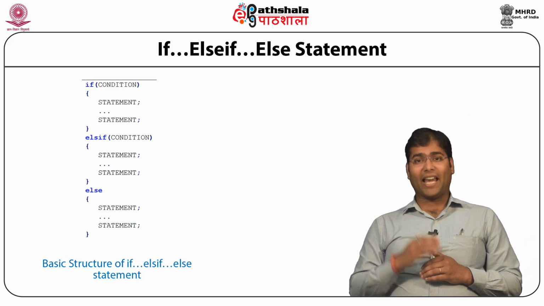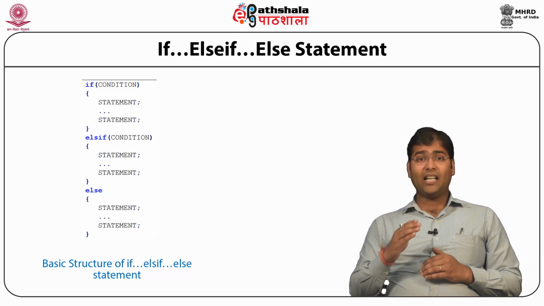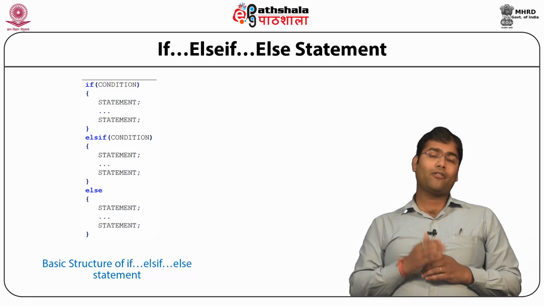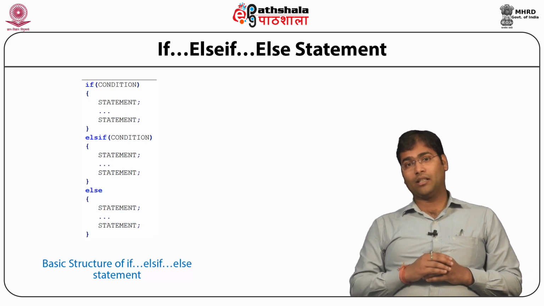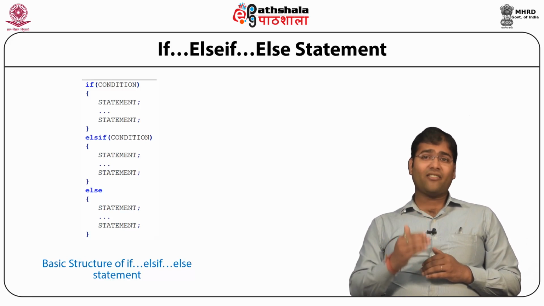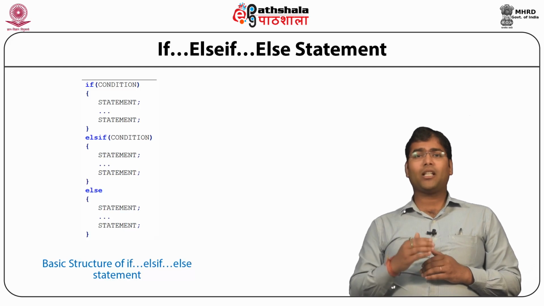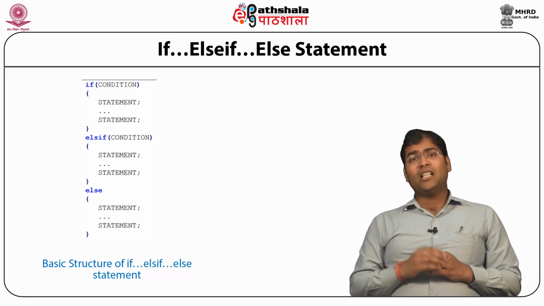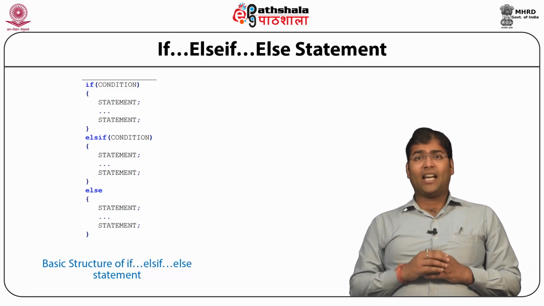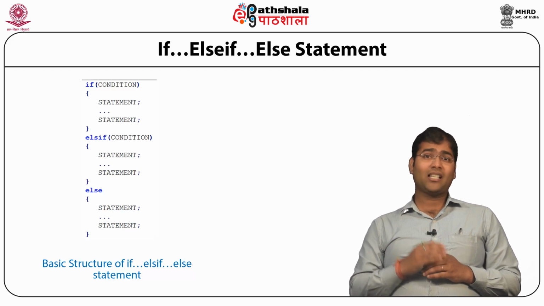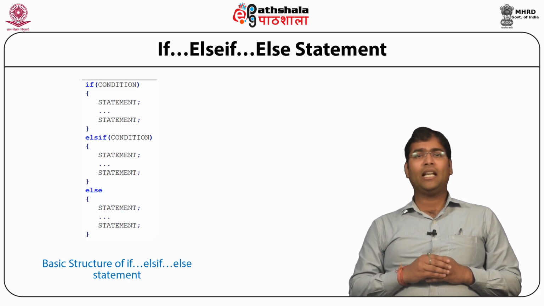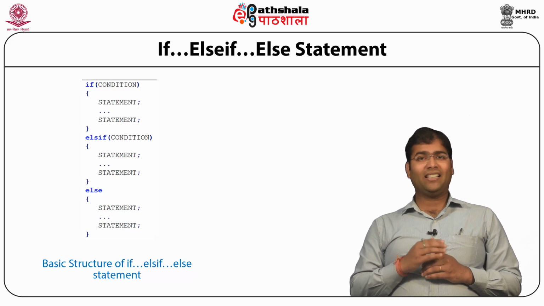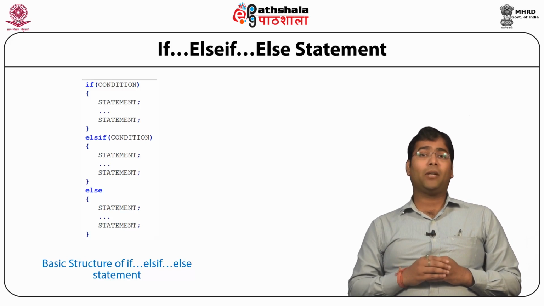After the curly braces, elsif will be there, then under curly braces statements will be there according to the next condition. And this elsif can be used several times as per the requirement of the program. And at last, the else will be there, and after that in curly braces statements can be written. If all the conditions defined by the programmer are false, only then will the else statement be executed.